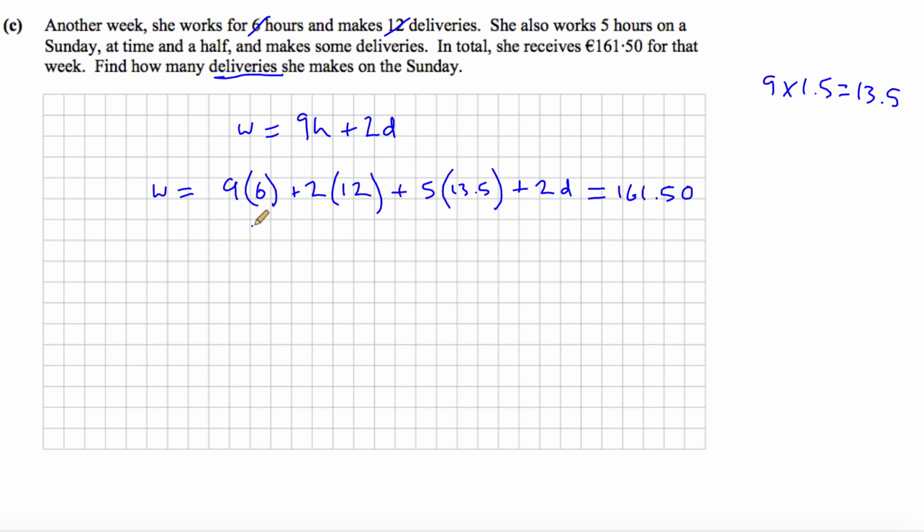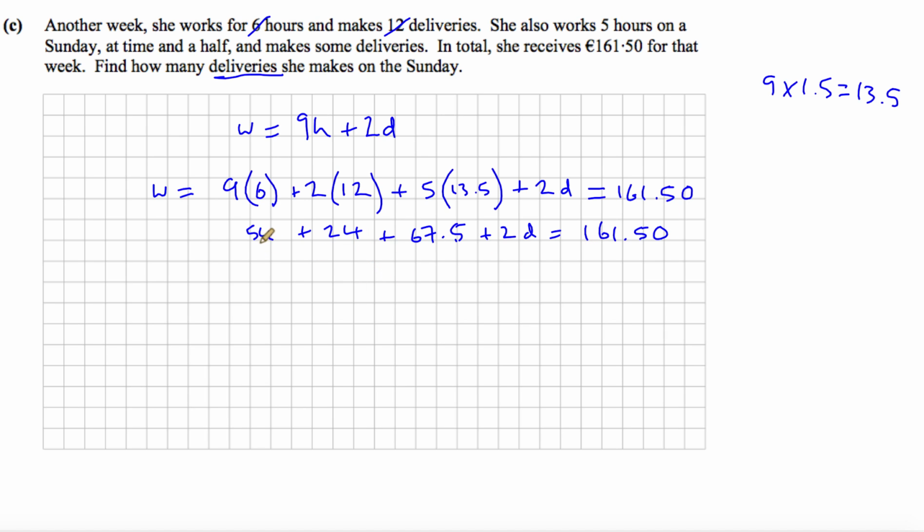9 sixes is 54, plus 2 12s is 24, plus 5 times 13.5 is 67.5, plus the 2D is equal to 161.50.